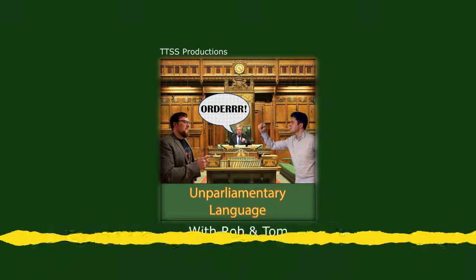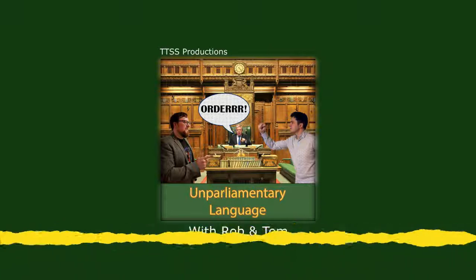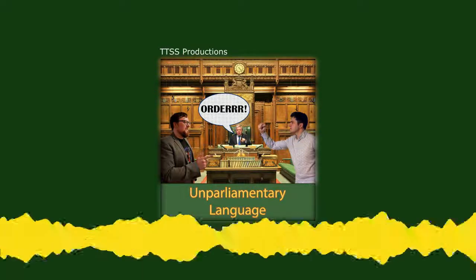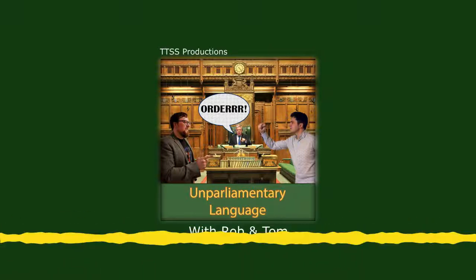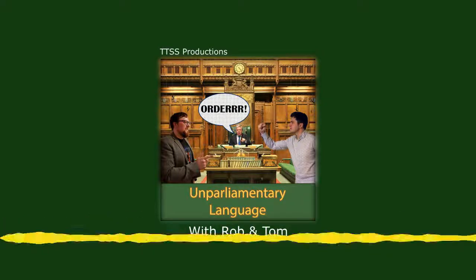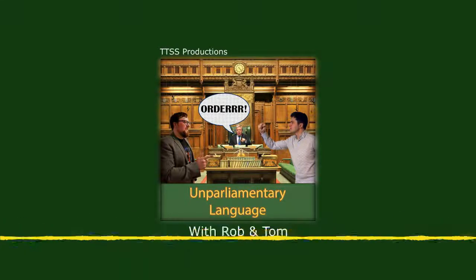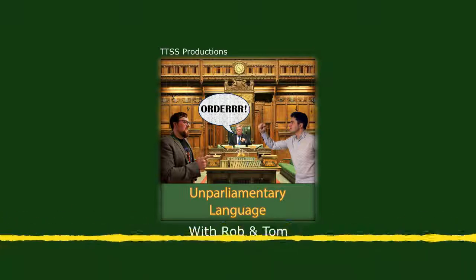I want to get this right, so let me just check. Obergefell versus Hodges challenged the right to equal marriage under the 14th Amendment, which basically says that you should have equal treatment throughout. And it said that to discriminate and say that marriage was only between a man and a woman was unconstitutional. And the Supreme Court ruled that it was.